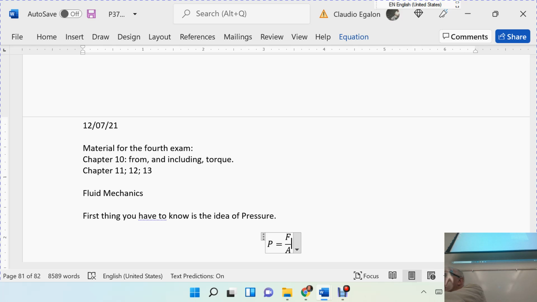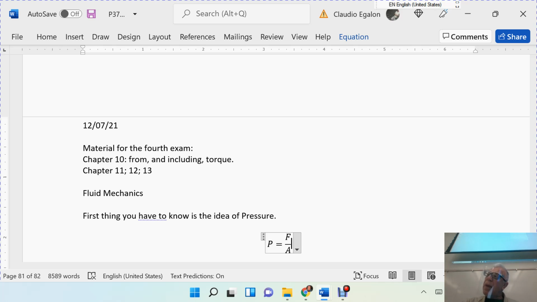But if it's completely flat, you can just measure this area and you get the pressure. Simple enough.